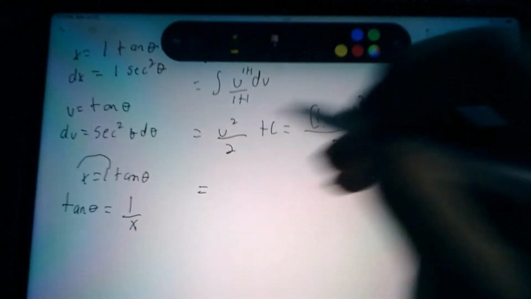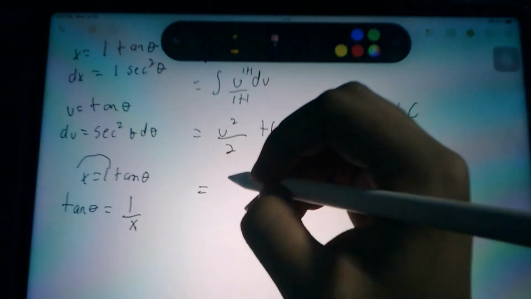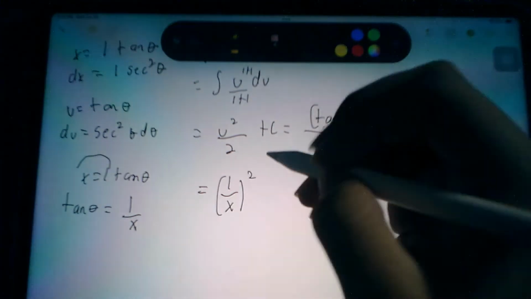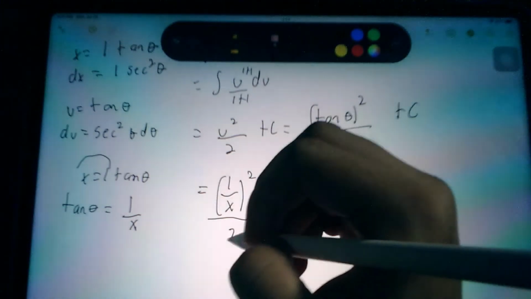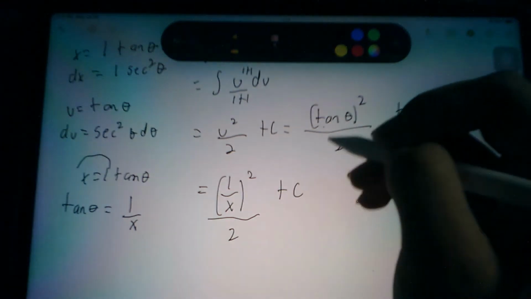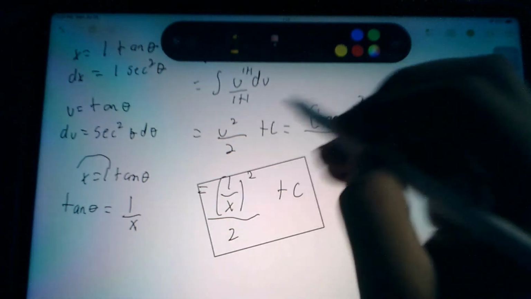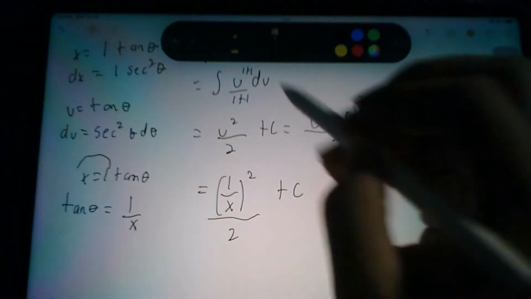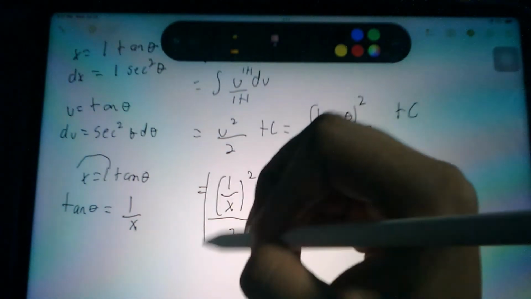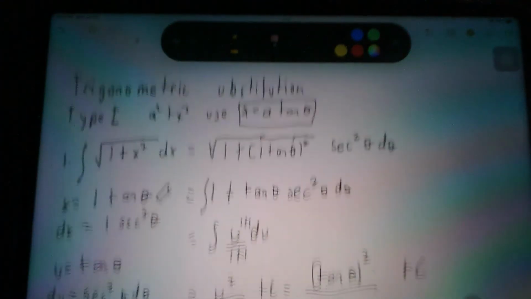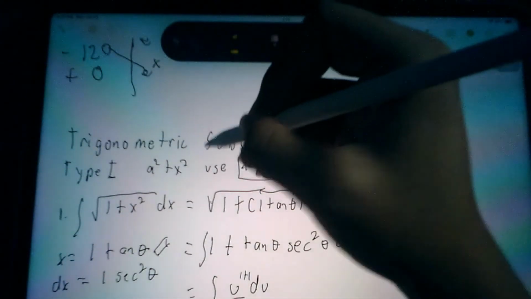So let's finalize our answer, which becomes 1 over x squared over 2 plus c. And this is our final answer for problem number 1 under trigonometric substitution.